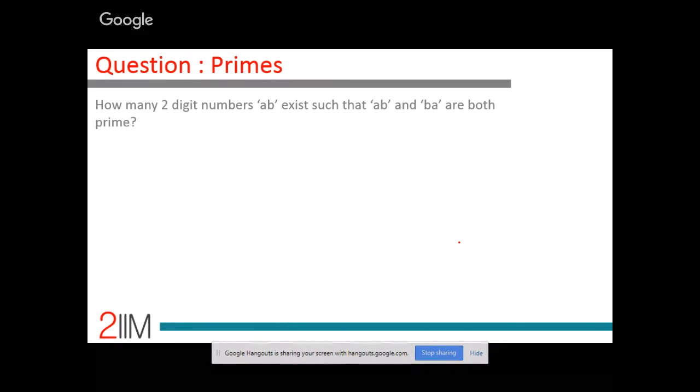Again, nothing but a trial and error question. Do this diligently.